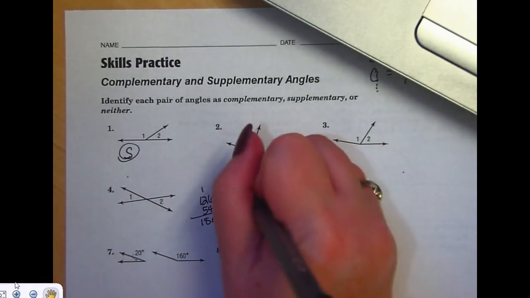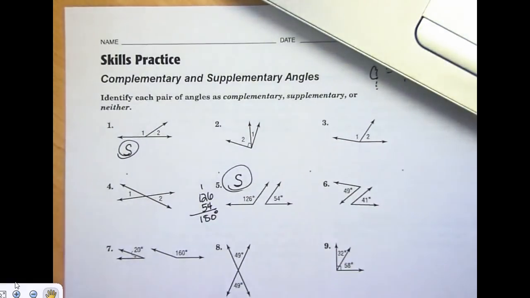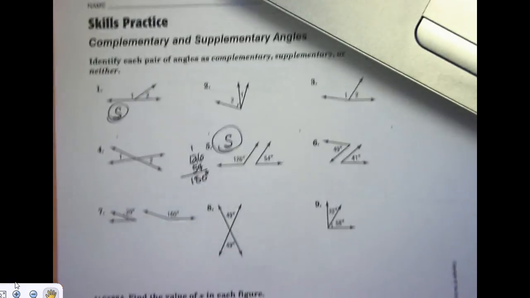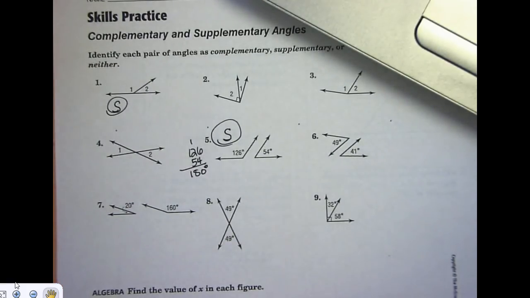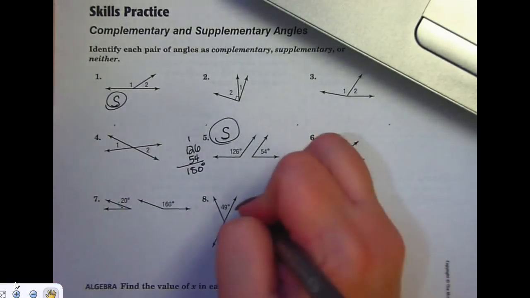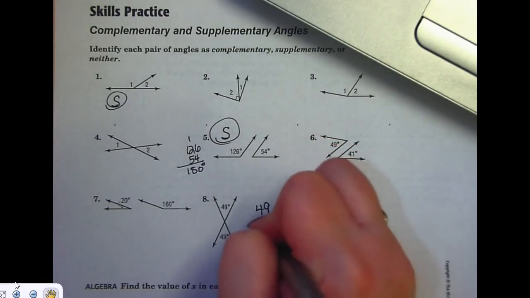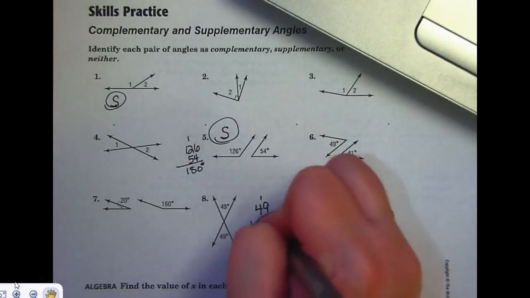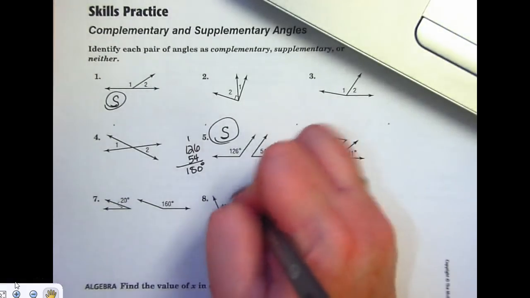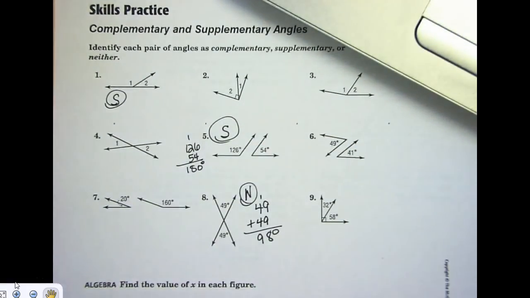So they are supplementary. What about 8? Neither, because 49 plus 49 is 98 degrees, so it is neither. Okay, that's what you're going to do on the top section.